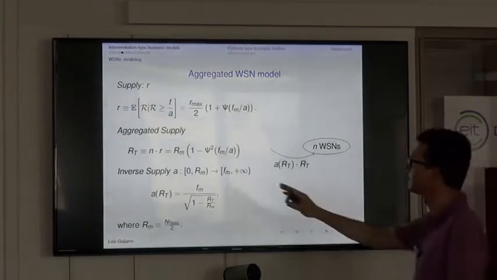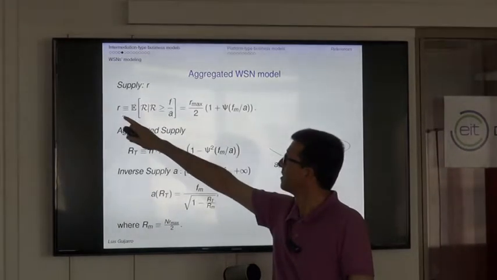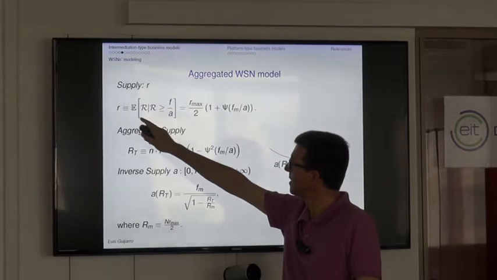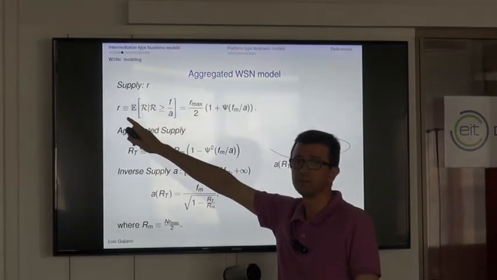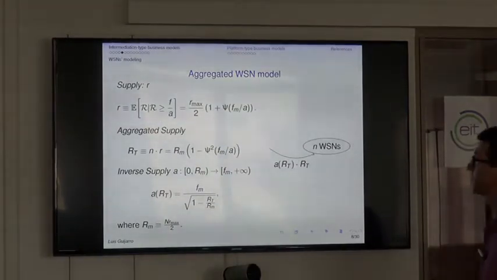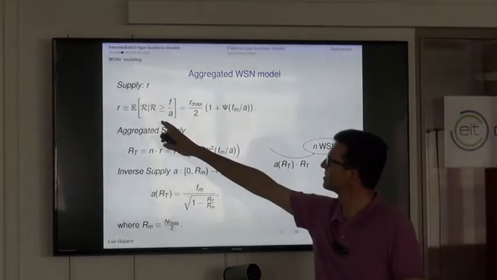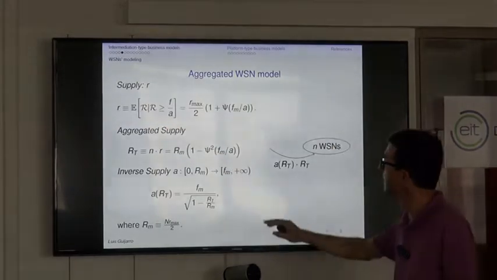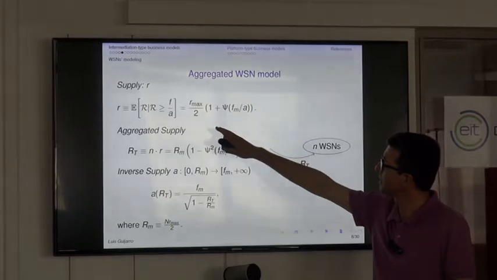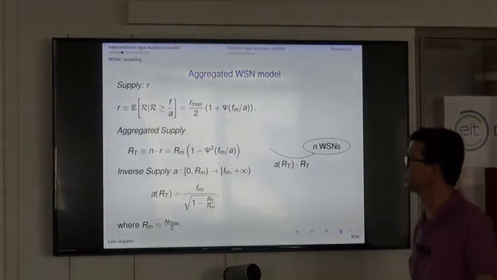The other part will be given by the mean sensing data rate provided by each one of the networks, that can be computed as it is shown here, and this gets these expressions.